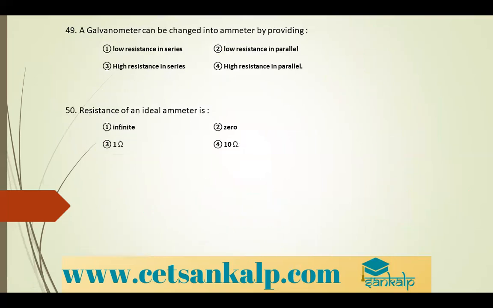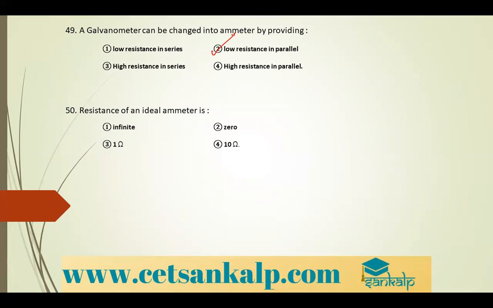Next. A galvanometer can be changed into an ammeter by providing, as I already said, a low resistance in parallel. Okay.